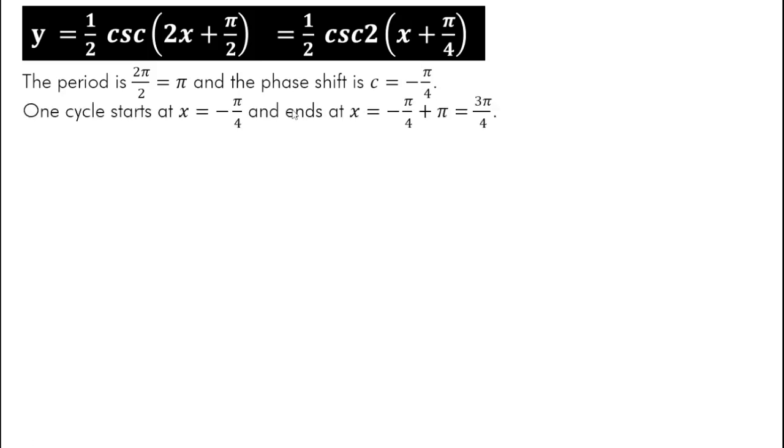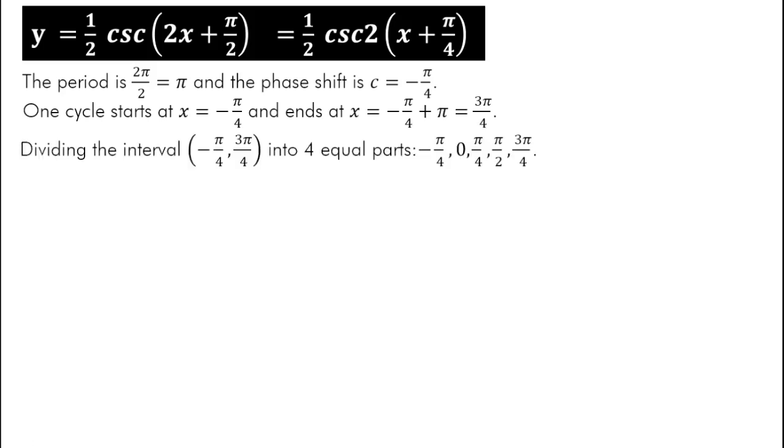Then add the period, which is pi. So negative pi over 4 plus pi is 3 pi over 4. Then we'll have the interval from negative pi over 4, comma 3 pi over 4. And we'll obtain 4 parts: negative pi over 4, 0, pi over 4, pi over 2, 3 pi over 4.